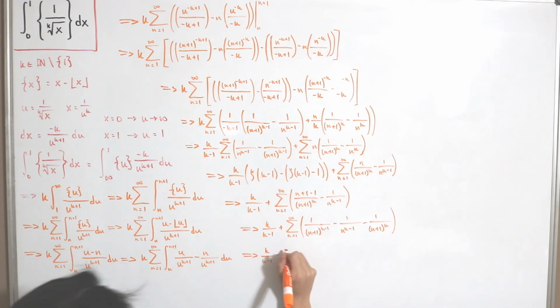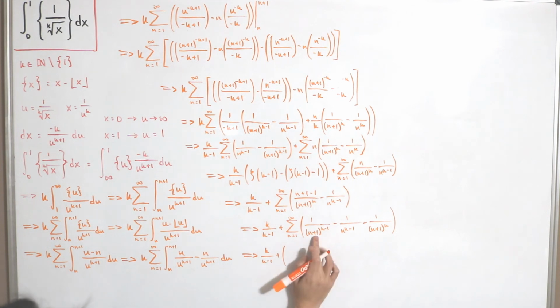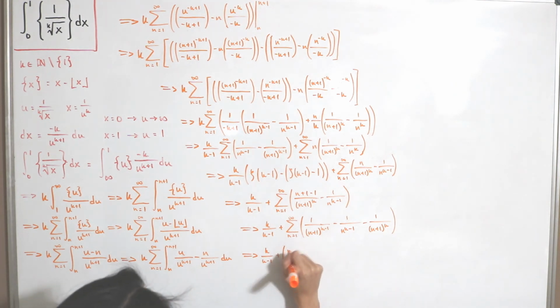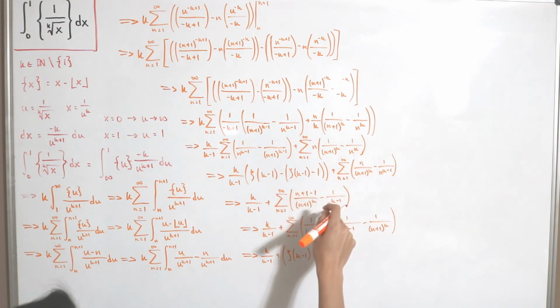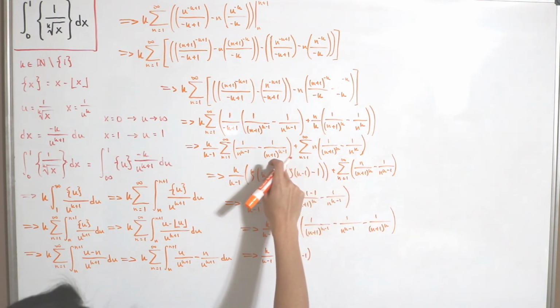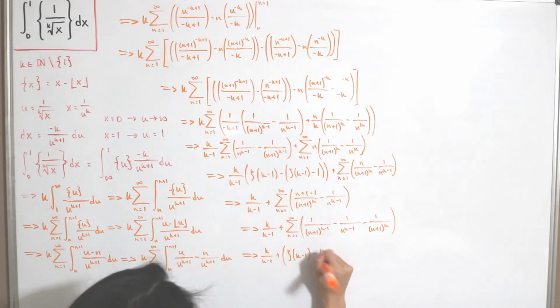This is plus, and then we have our first term over here, 1 over n plus 1, so this can be written as Riemann zeta k minus 1. It's the same thing from earlier, right over here. So that's just Riemann zeta k minus 1.